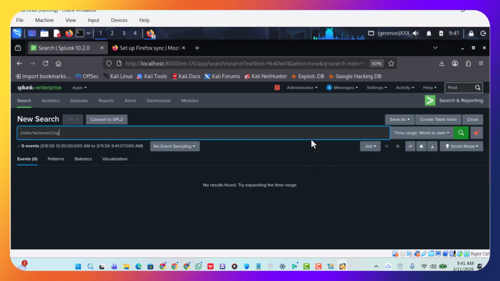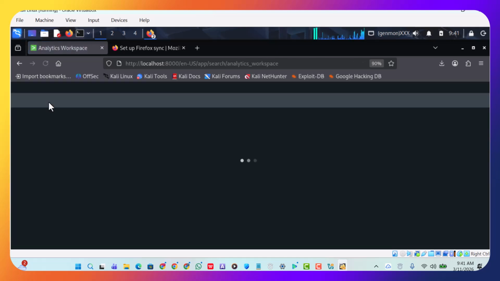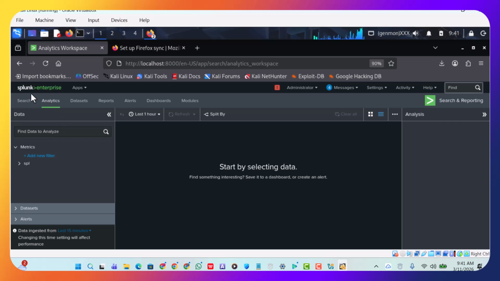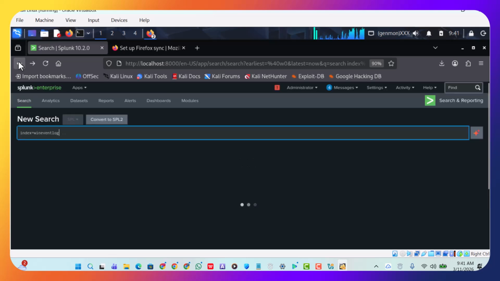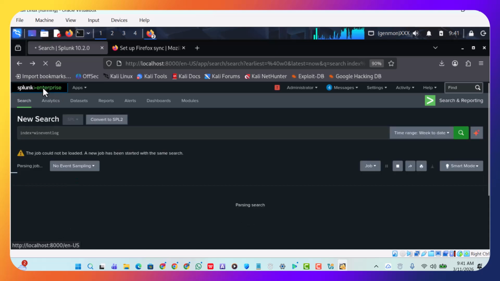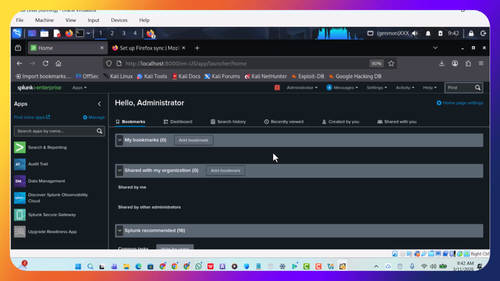Okay, so this is a SIEM dashboard. This is a Splunk dashboard. All right, if you want to search, this is the search bar.